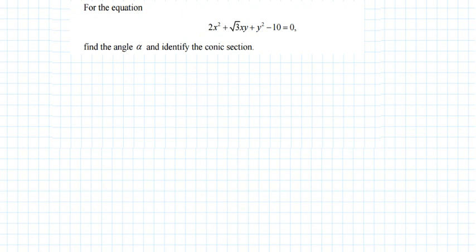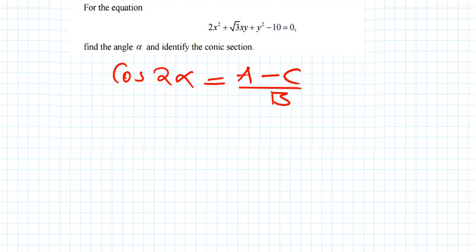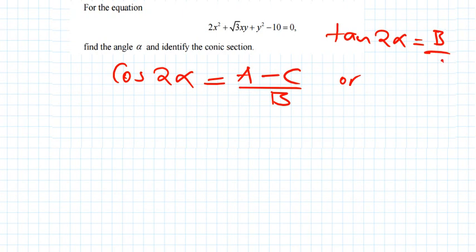The way we find the angle theta is in two ways. You can either use cosine 2 alpha, this is a double angle, equal to (a minus c) over b, or you can actually use tan 2 alpha is equal to b over (a minus c). So now some of you are already asking the question, what do the constants a, b, and c represent?